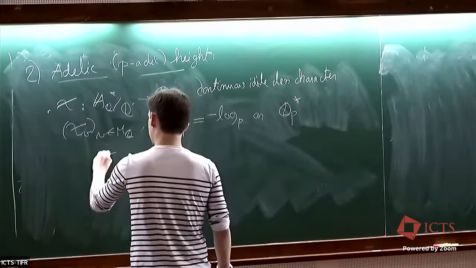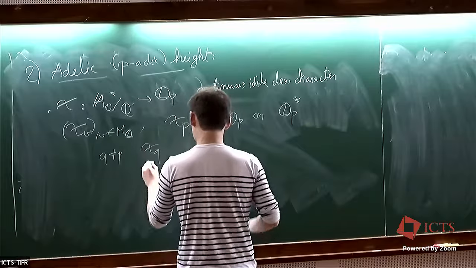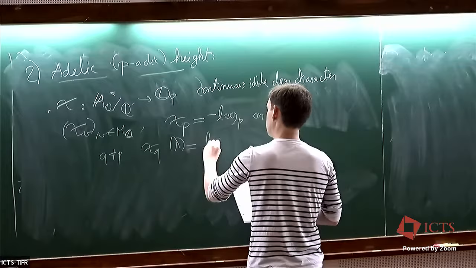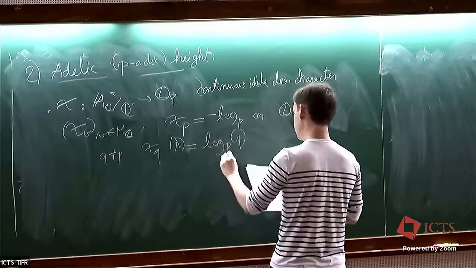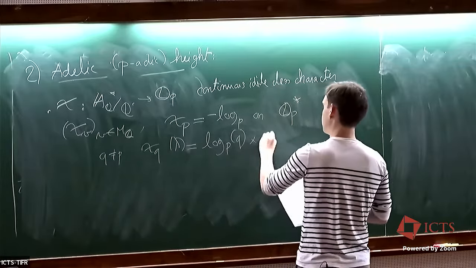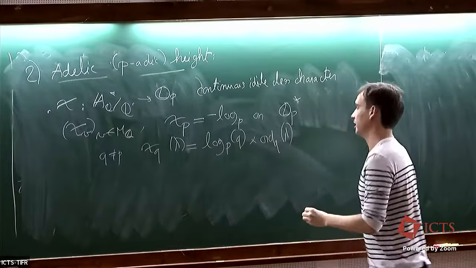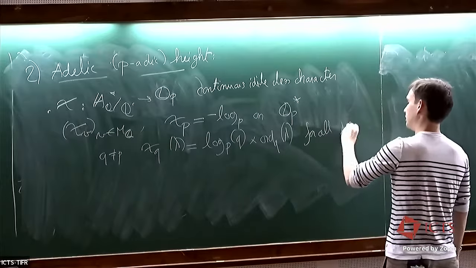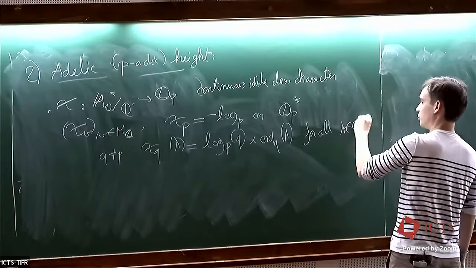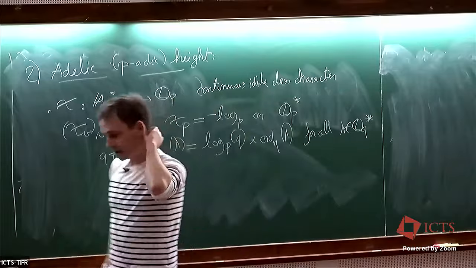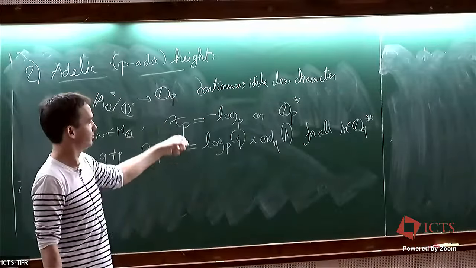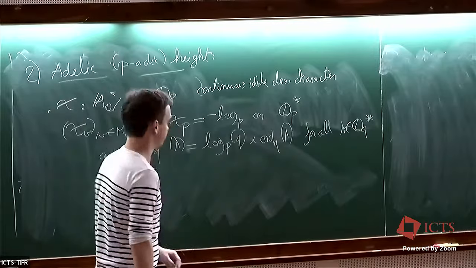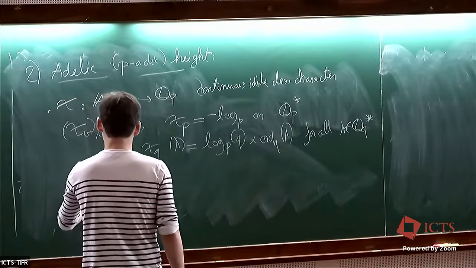And for q different from p, chi q of lambda will be the p-adic logarithm of q times the order of lambda at q for all lambda in Q star. If you're wondering why I do this, it's to have something living in Qp, and so that the sum of all these values for lambda is 0. Okay, so just for product formula.